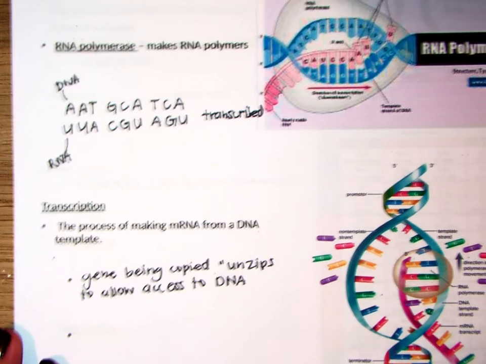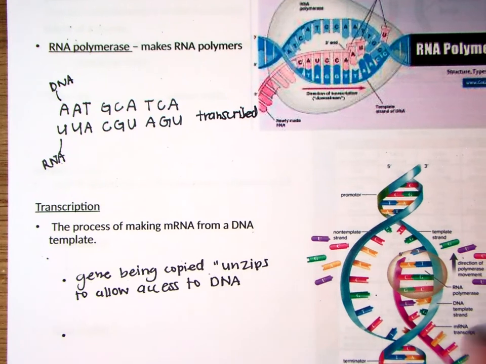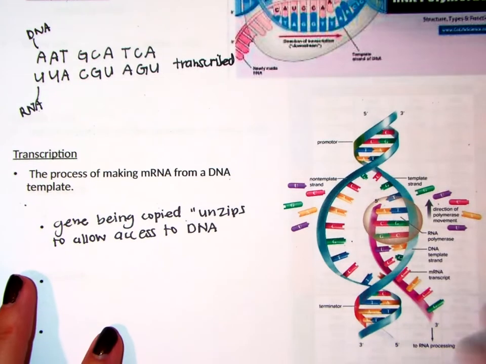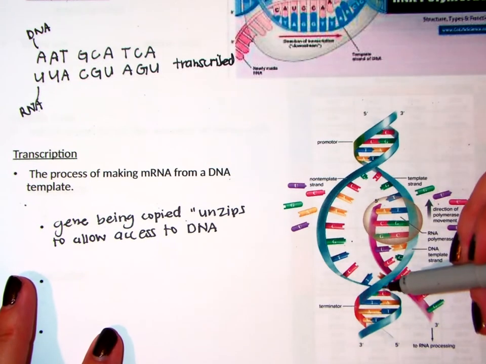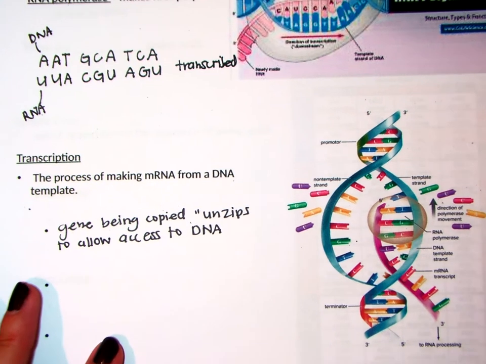Okay, so with DNA replication, we unzip all of it and copy all of it. But with transcription, you're only going to unzip the gene that codes for the protein that you need. Otherwise, unzipping the whole thing would be a waste of time and energy and resources. So it only unzips the portion of DNA that is needed.